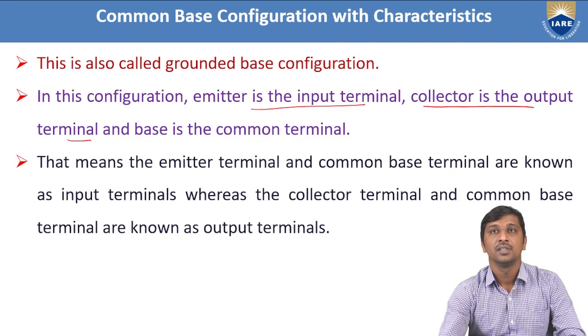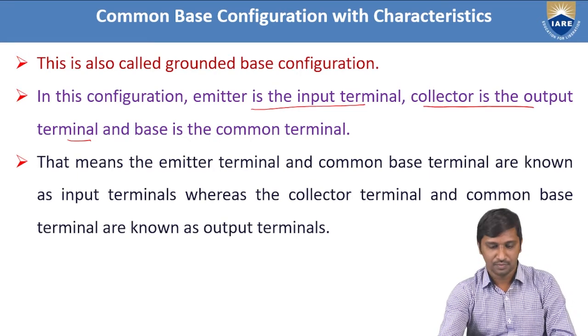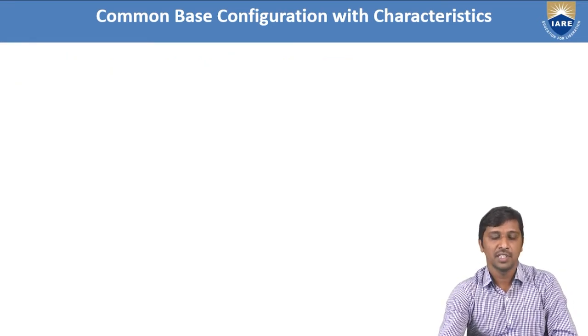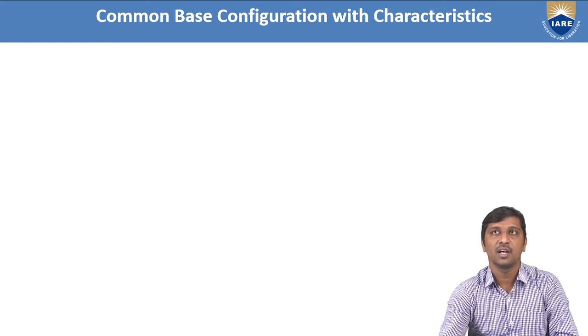From this representation, the input is measured between emitter and base, and the output is measured between collector and base. From this, we need to design a common base configuration.